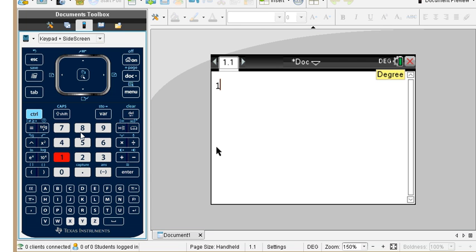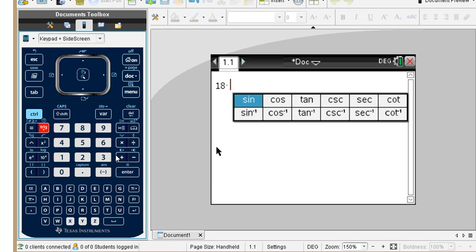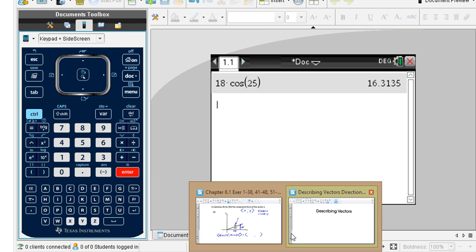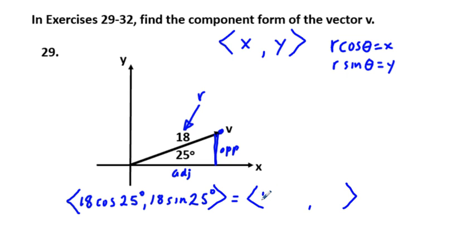So we have our magnitude 18 times the cosine of 25 degrees, and for that we get 16.31, we'll call it. Okay, 16.31 to 2 decimal places.